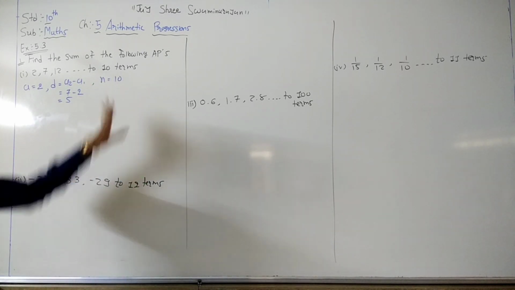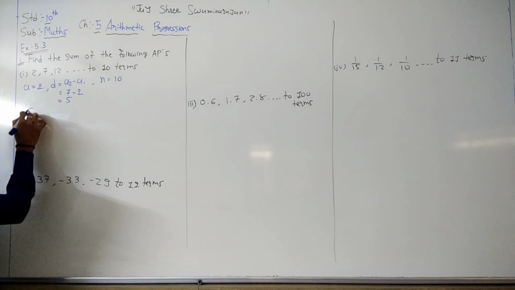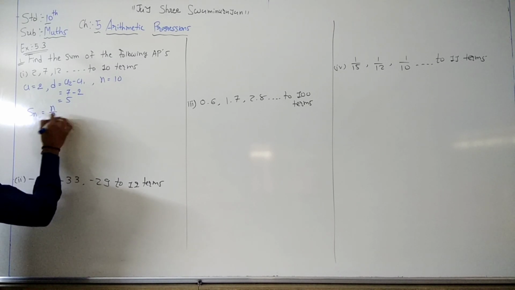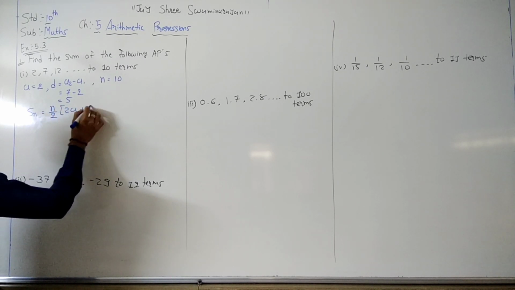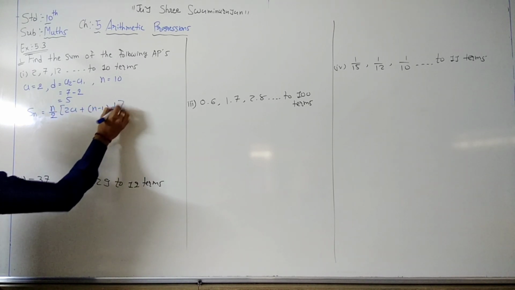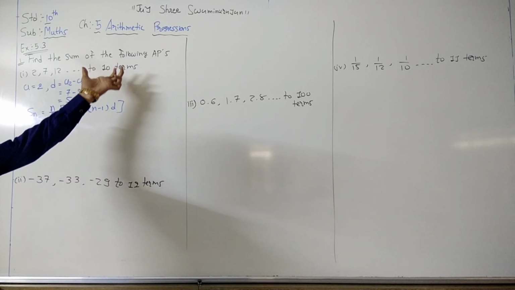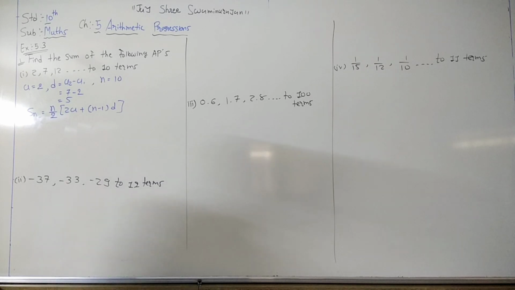Now we need to find the sum of 10 terms, so we use the formula of Sn. Sn is equal to n by 2 into 2a plus n minus 1 d. Here we do not know the last term an, so we use this formula.